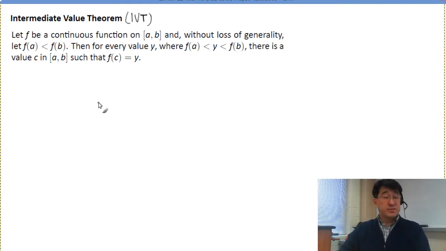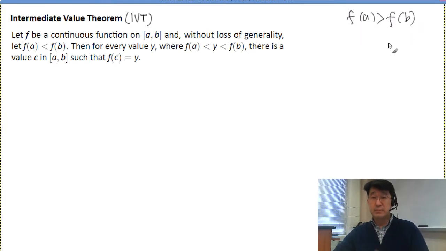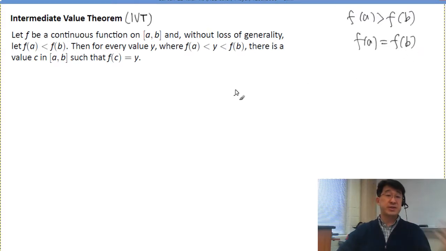What they mean by without loss of generality is, what if f(a) is greater than f(b), or f(a) is equal to f(b)? Once you understand this particular case, you will have no difficulty understanding the other cases. Now that's the hypothesis.